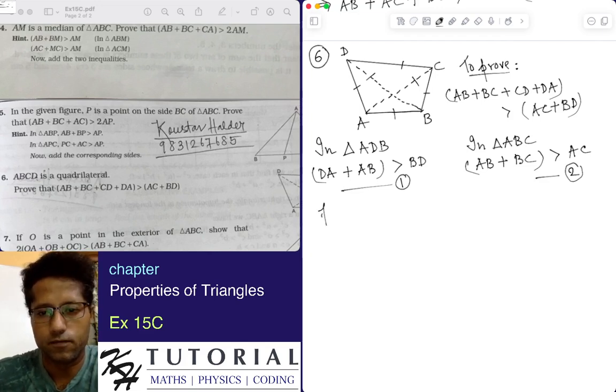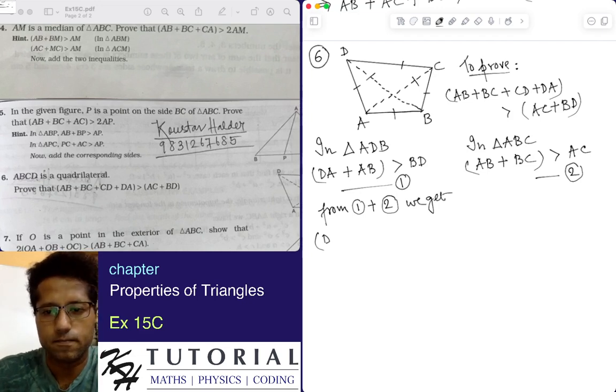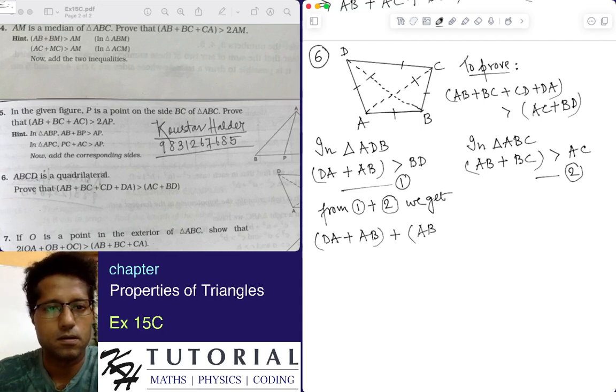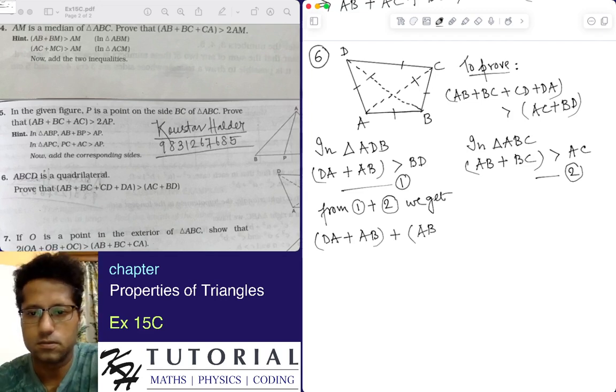Now if we add the two inequalities, 1 plus 2, we get DA plus AB plus AB, so we are getting AB twice.